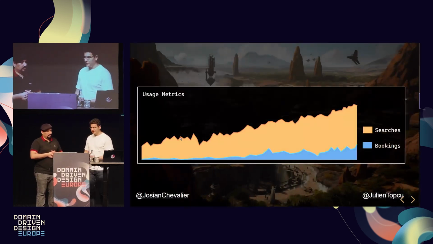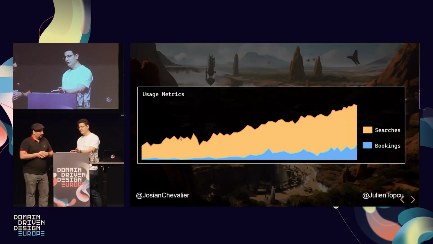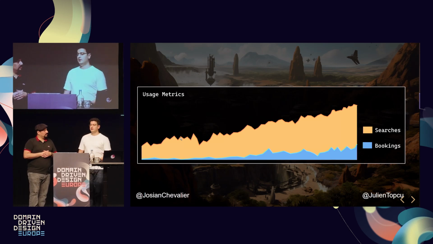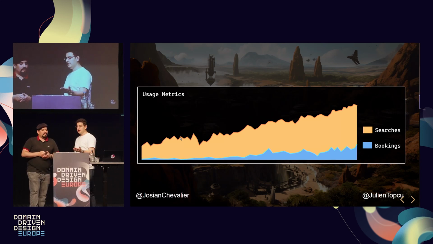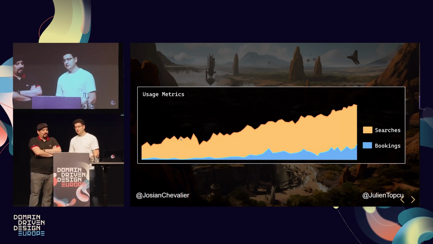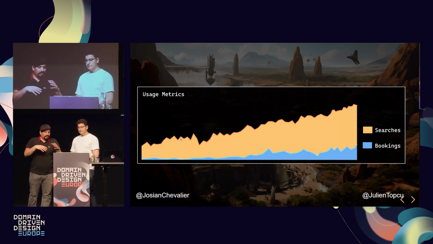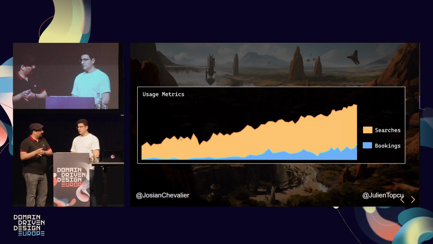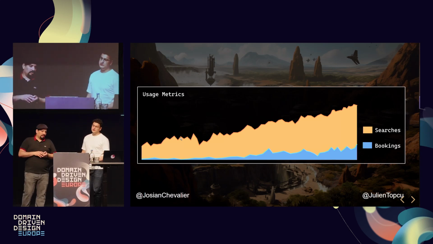Unfortunately, I'm afraid that the usage of searches and bookings, so the number of searches created and the number of bookings created, are evolving in separate ways, because we have many more searches coming, and it's increasing at a different rate than the bookings. Okay, it makes sense because the user has to make several searches before finding the space train he needs, right? Exactly. So the strain on the search system is much more important than the one on the booking system.